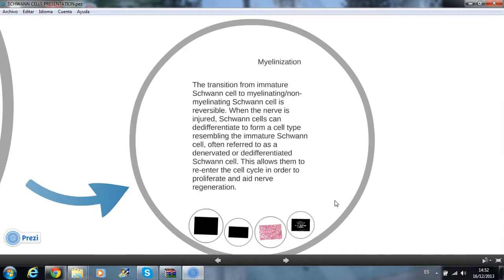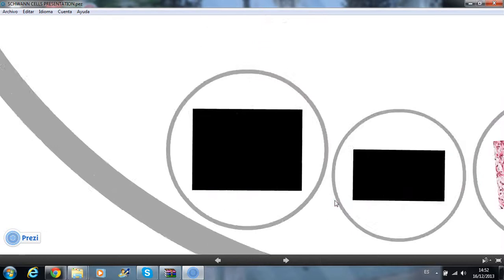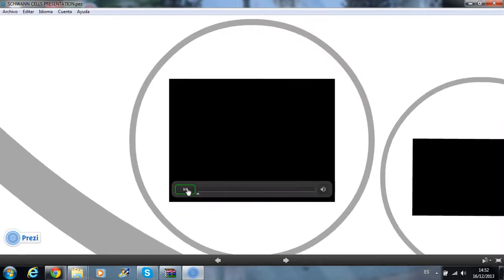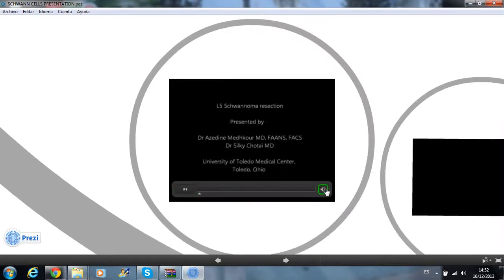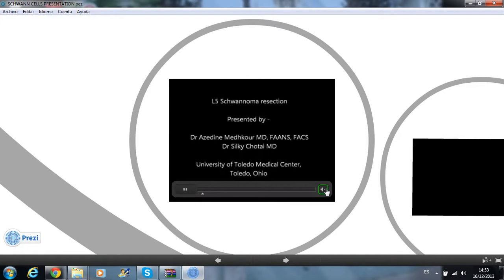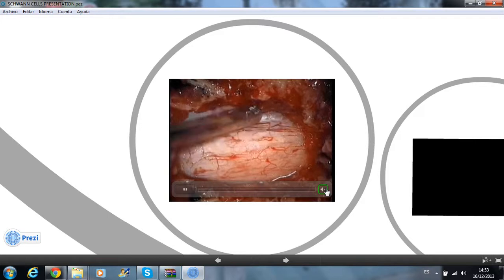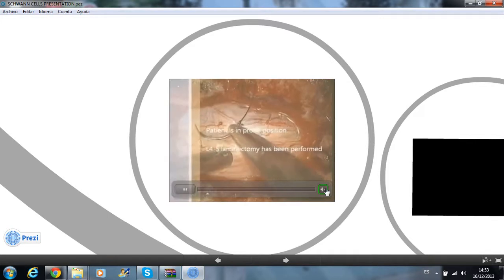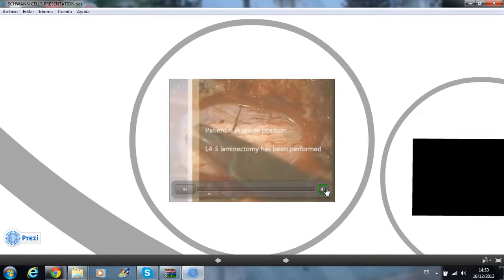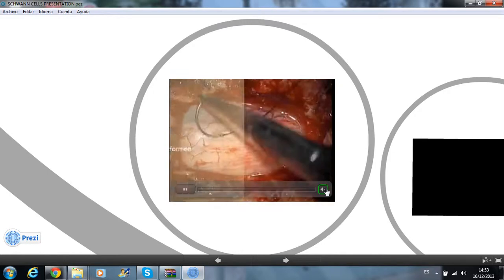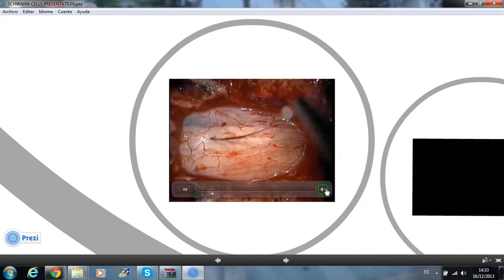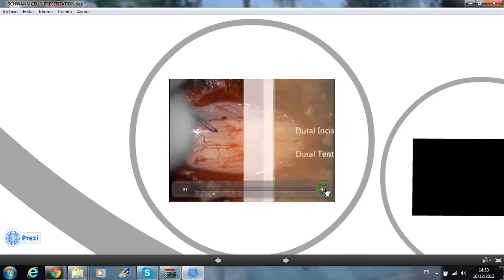So here we can see in this video, which is from the University of Toledo, Ohio, some pathology that is the schwannoma. The schwannoma is a tumor that can grow in the peripheral nervous system, and it can grow in the brain.